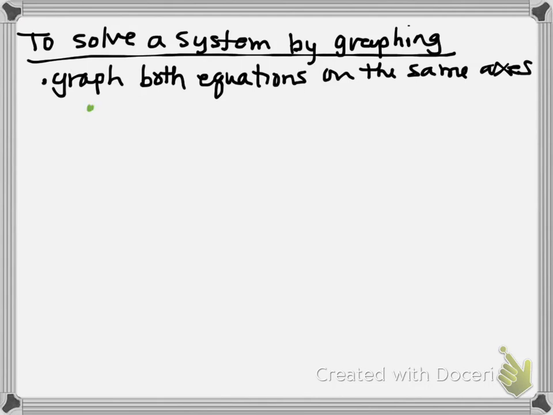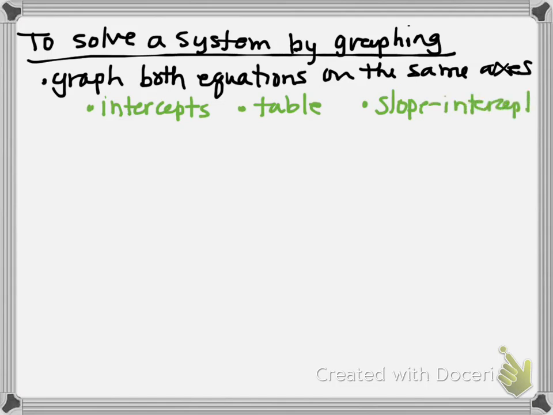Well, we could use intercepts. We could use a table, and that's where we picked 3 points for the x's and then calculated the y's. Sometimes if the numbers didn't contain fractions, we would choose 1, -1, and 0, but you could choose any 3 numbers. And the other would be slope-intercept form. So those are the 3 ways we learned to graph. And which way I choose is kind of determined by what I see, okay?